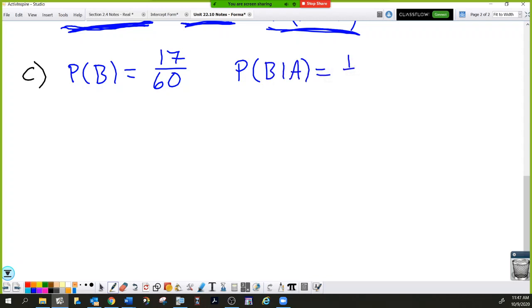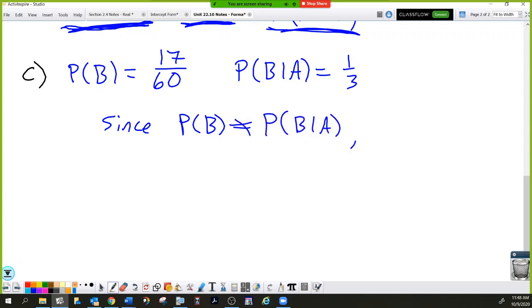It was 1/3. Here's what this tells you. A happening clearly affected the probability of B happening, because if they were independent, these would have been equal. So you just say, since the probability of B does not equal the probability of B given A, dependent.